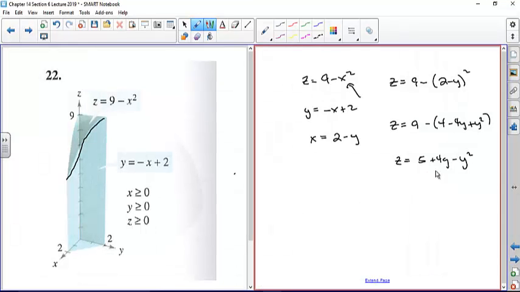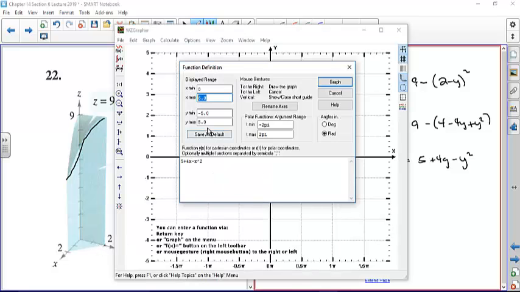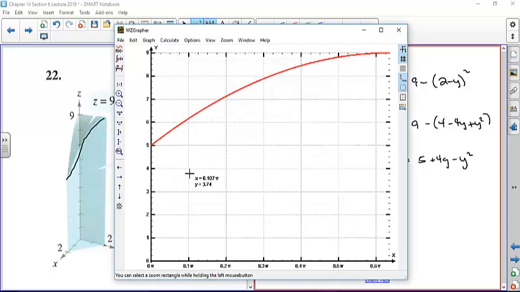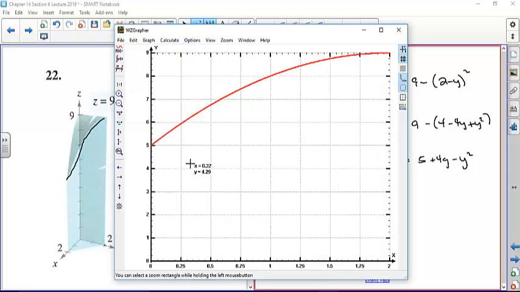Well, x in this case is actually y, so y goes from 0 to 2, and z in our case goes from 0 to 9, I guess. So there it is. And let's change this to just integers. So this is the curve of intersection.